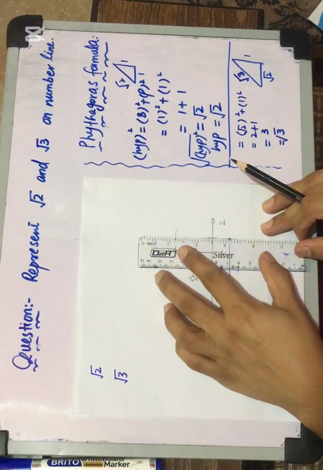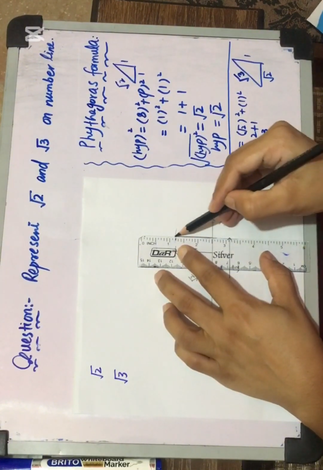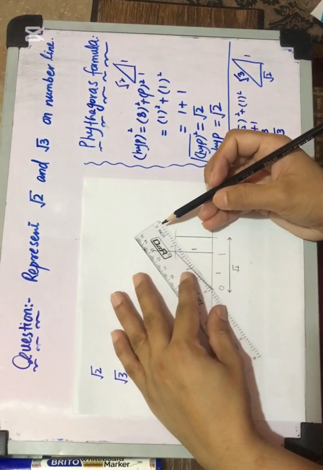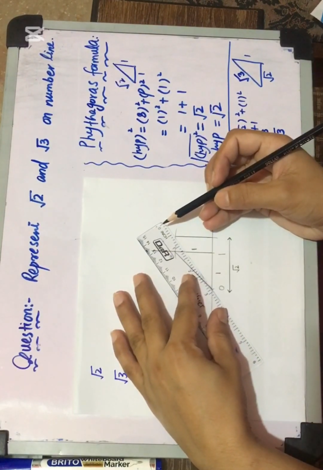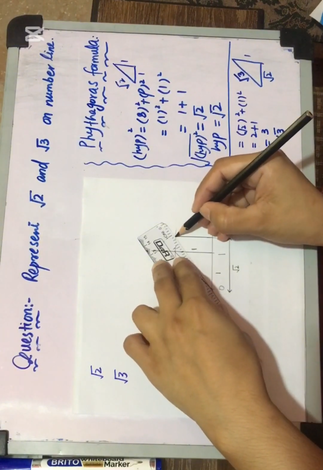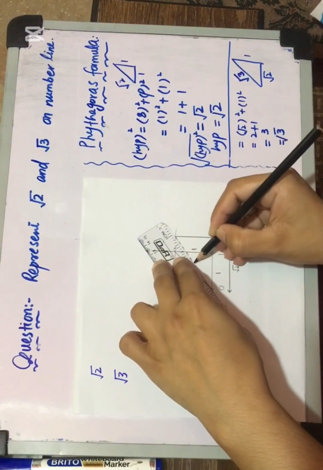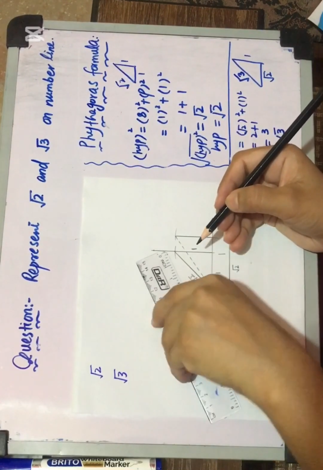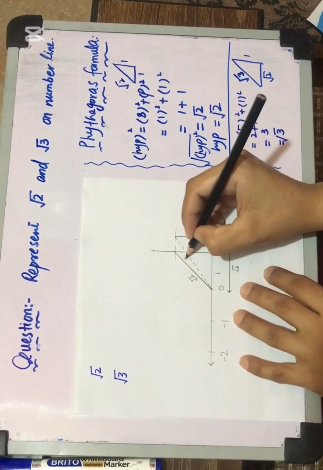So join these together. Now join this point to this point, and this will be our square root 3. I'm going to represent this line of square root 3 with dotted lines, so that we can easily differentiate square root 2 and square root 3. So this is our square root 3.